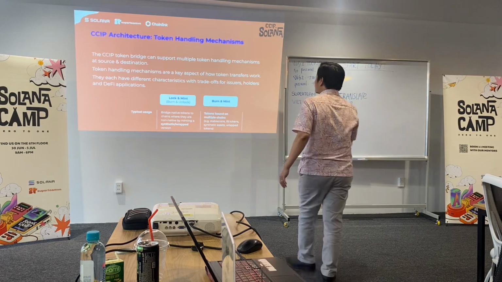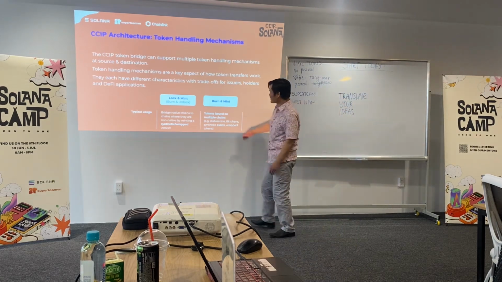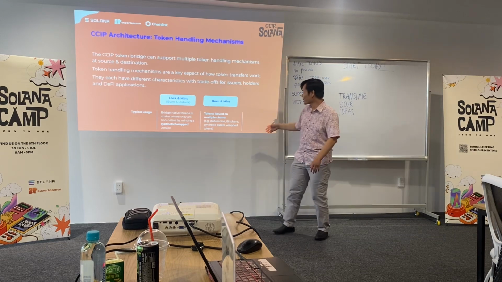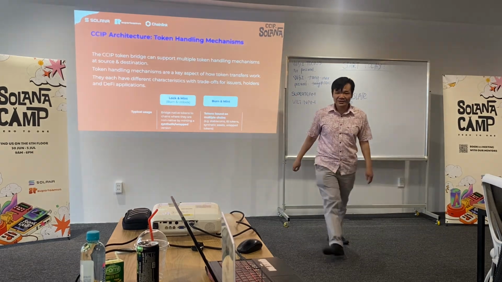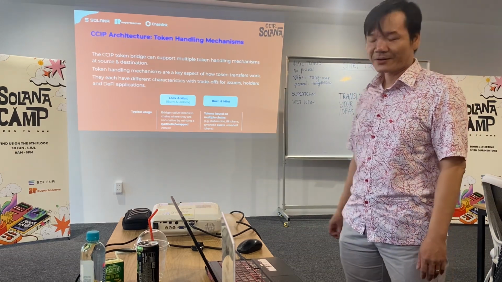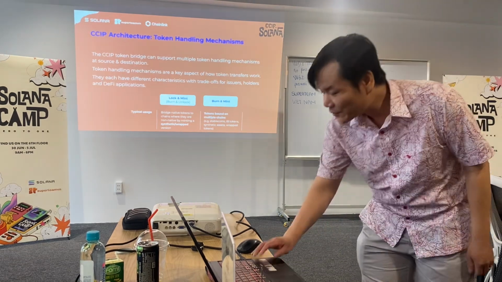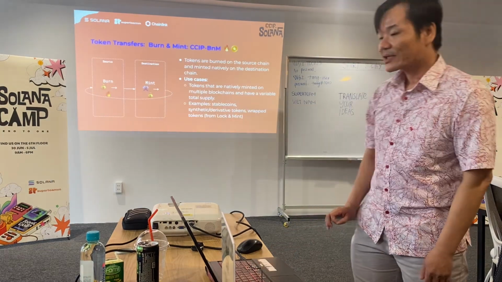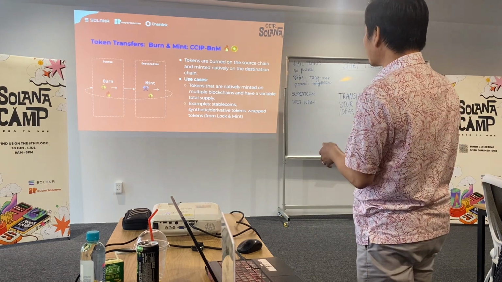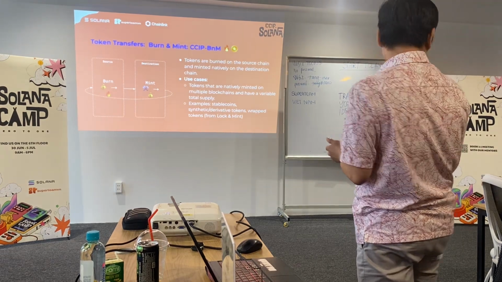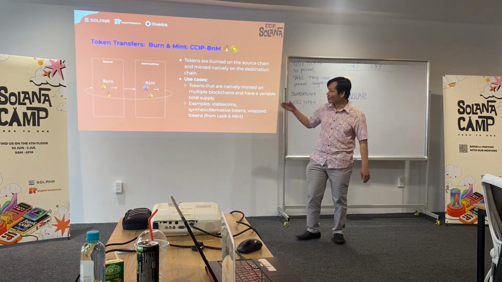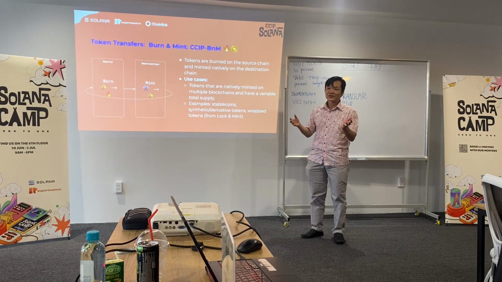Here are two mechanisms, you see: lock and mint, and burn and mint. Now, burn and mint is the most popular technology and easy to use for newcomers and everyone. And then we will see it. Here is burn and mint. I will explain something: where we have a sub chain, we will have one token, and then the token on the sub chain will burn when we transfer to another chain.